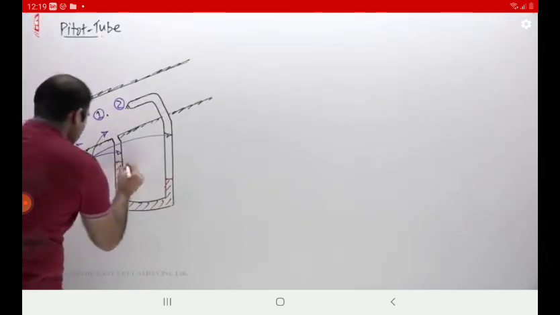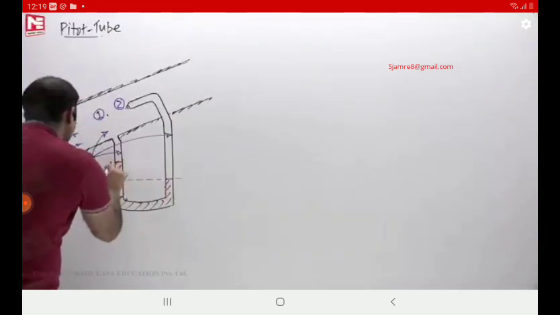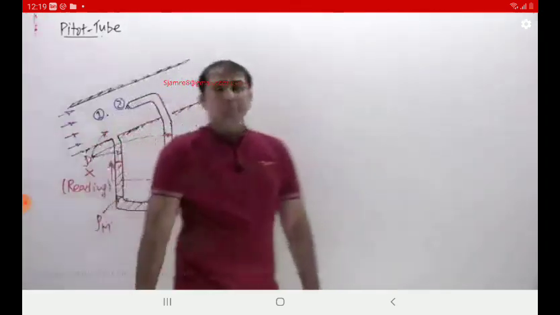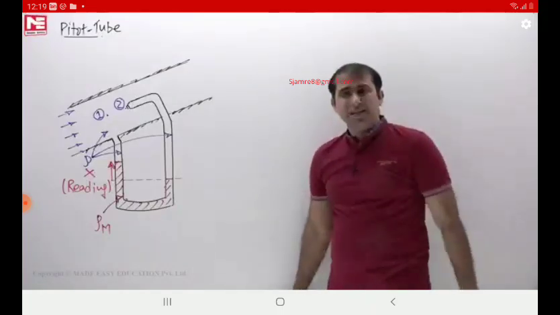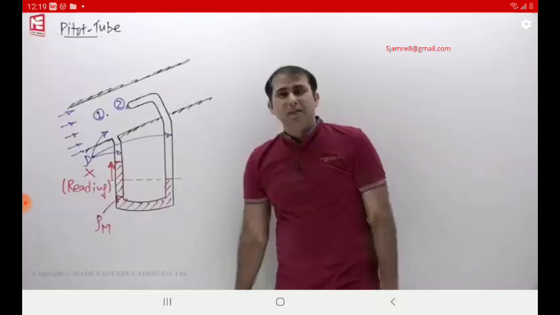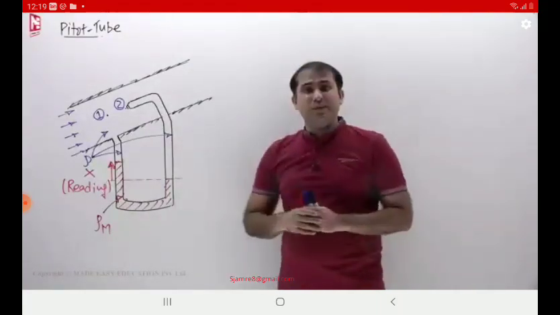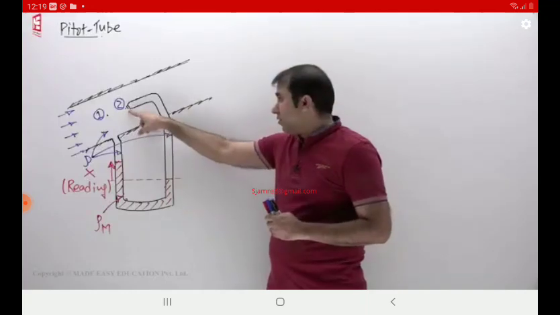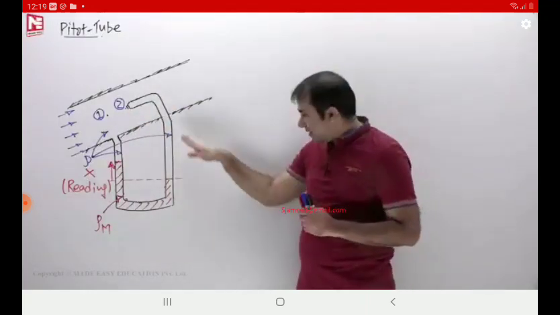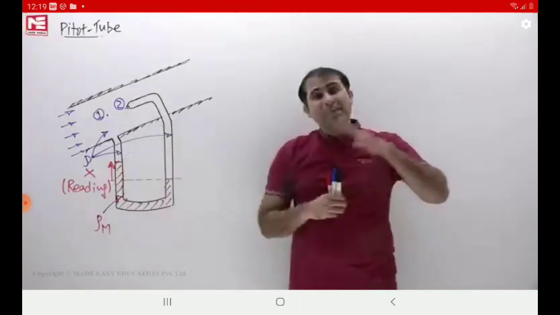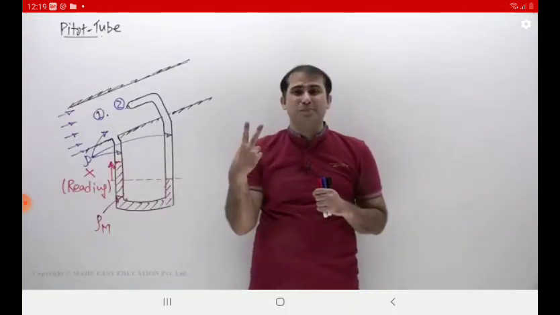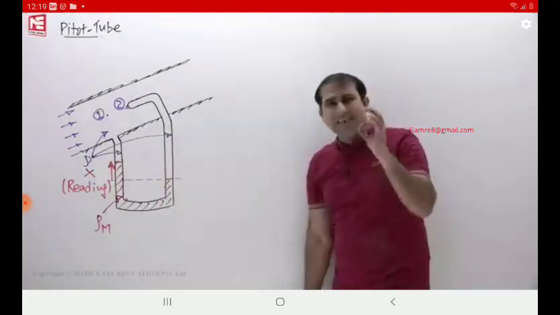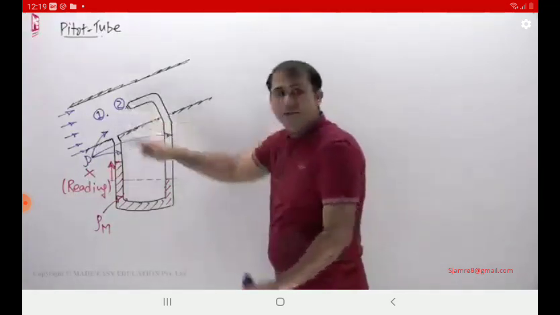Now next, this is what you can say is x, and this x is the reading. Now my point of discussion here. If you look here, this level will be lower and this level will go up. The reason behind this I have already discussed with you: what this reads, the kinetic head will also be converted into pressure head. So that's why it is comparatively down here. In the last two devices I showed, the venturimeter as well as the orificemeter, you can see this level was down and this level was up. This is the time when I am going to apply the energy equation between 1 and 2.